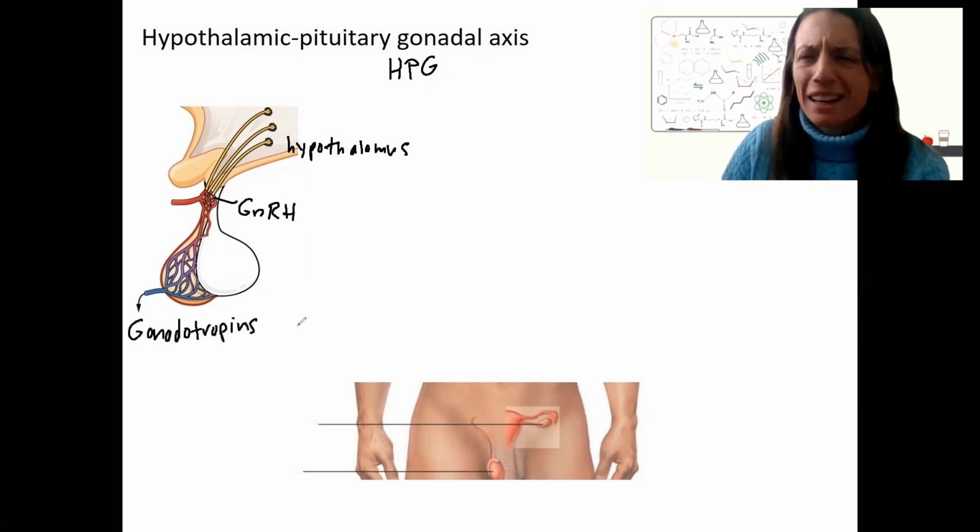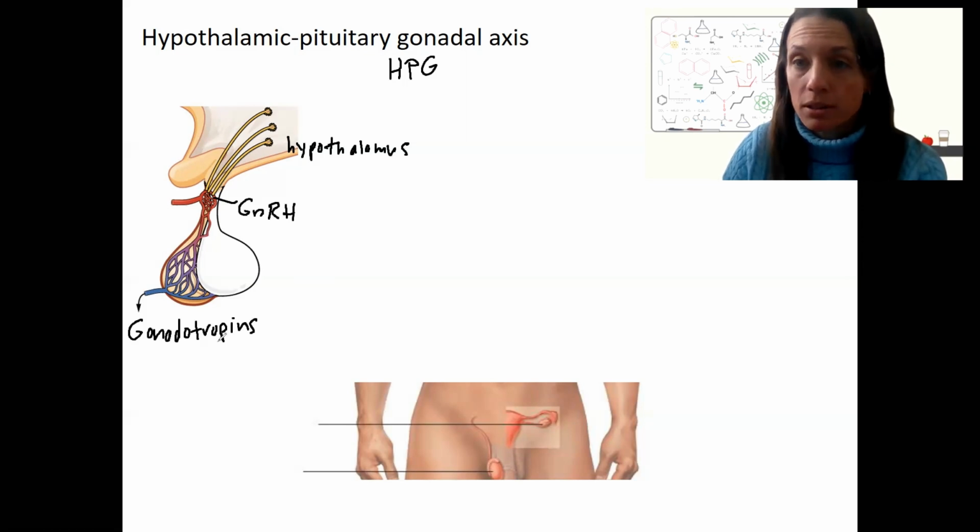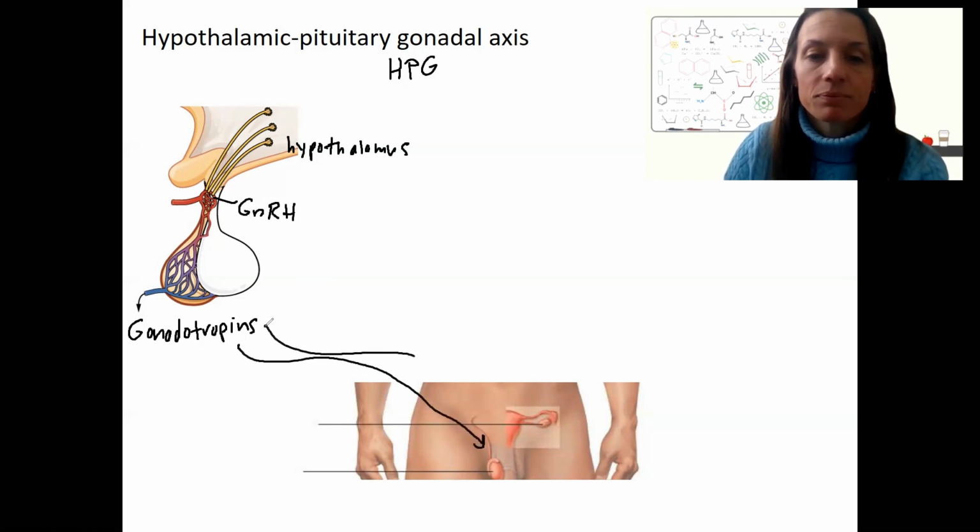So this one really is a nice naming system. Gonadotropin releasing hormones triggers the release of gonadotropins. Gonadotropins are tropic hormones for the gonads. They are going to target the gonads.